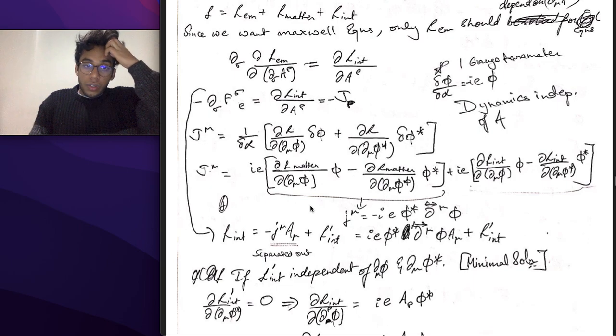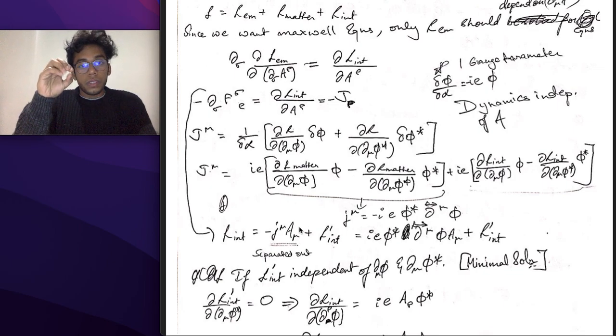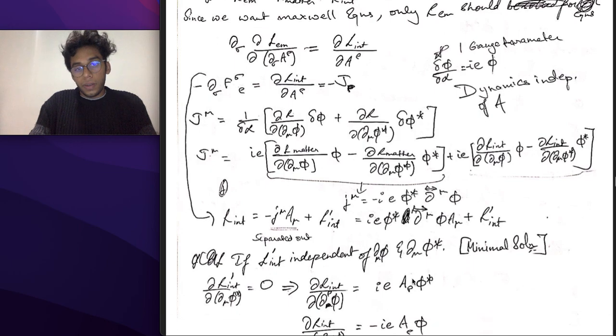And what we do is we modify the interacting Lagrangian as minus J^μ A_μ, obviously, as we saw earlier in electrodynamics, where we had F_μν minus J^μ A_μ, right? So that J^μ A_μ becomes the interaction term, but this is separated out because we know only the current carries it, and we say there is another L dash of interaction which we don't know yet.